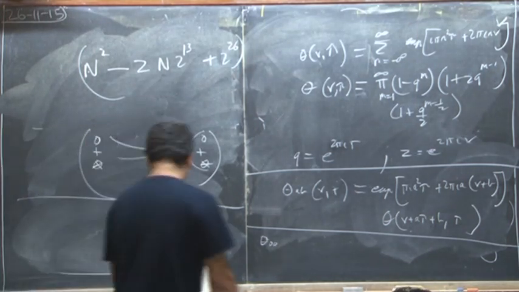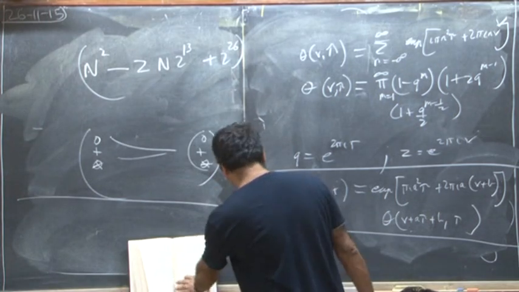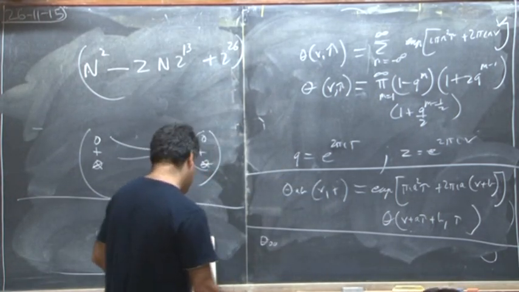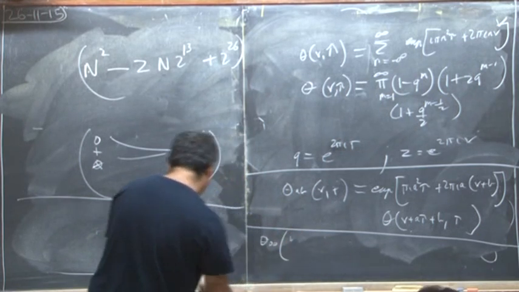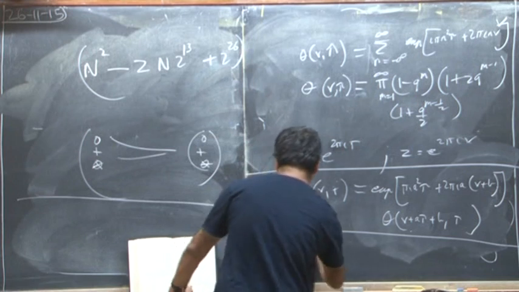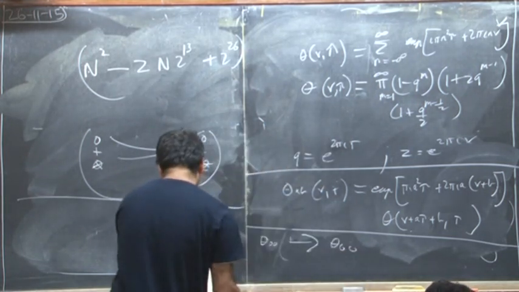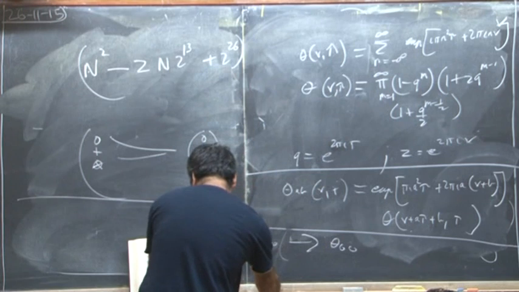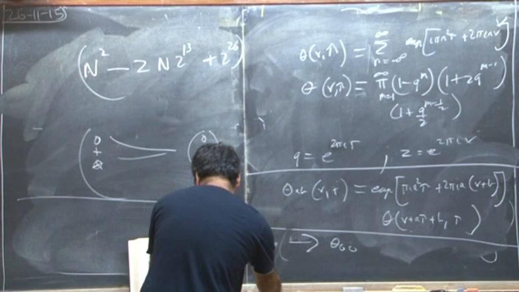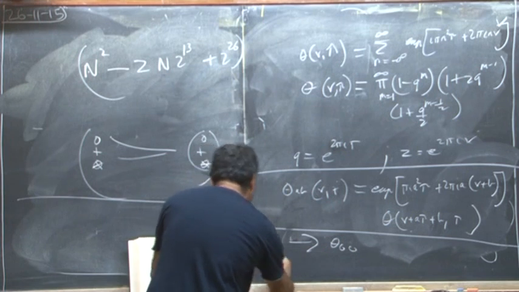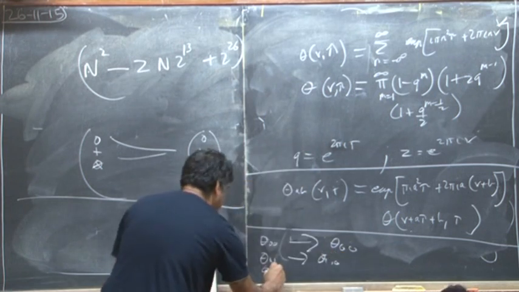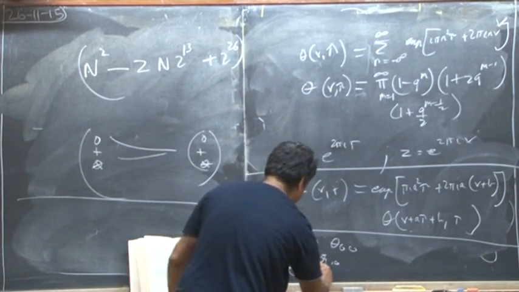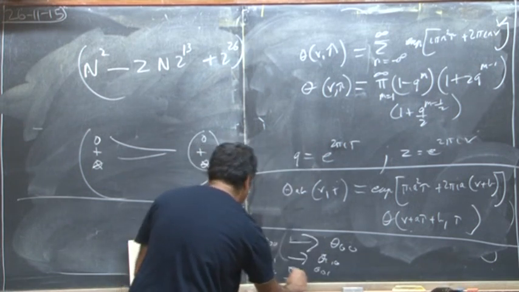Anyway, there are many properties of these theta functions that are of interest, but properties that one can show just mathematically. For instance, theta 0,0 is related by a modular transformation to theta 0,0, whereas theta 0,1 is related to theta 1,0. Theta 1,0 is related, of course, to theta 0,1, and theta 1,1 is related to itself.